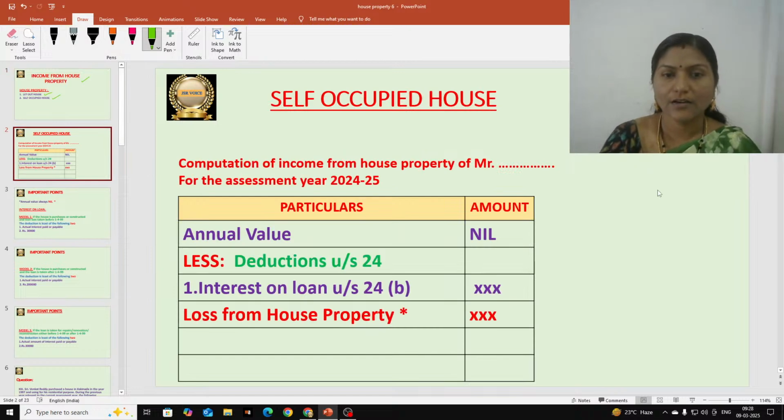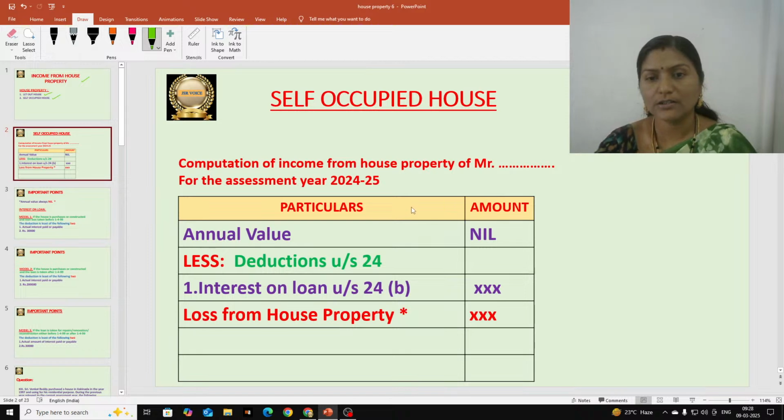Here it is. This is the self-occupied house format. If we want to do problems to calculate income from house property for self-occupied houses, this is the format that we should use. We should draw columns: particulars and amount.